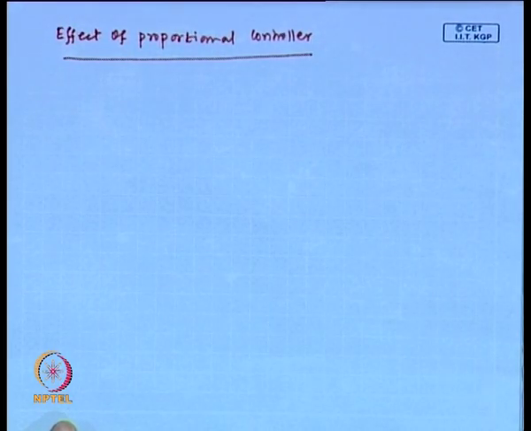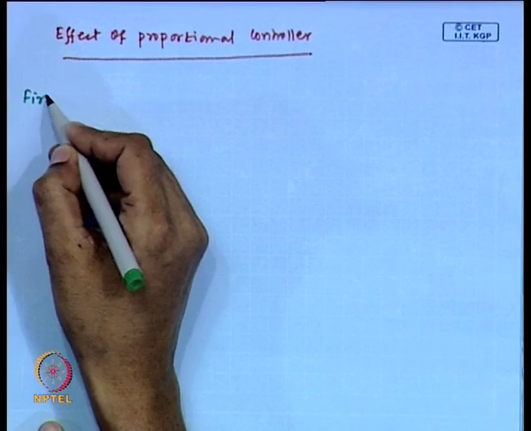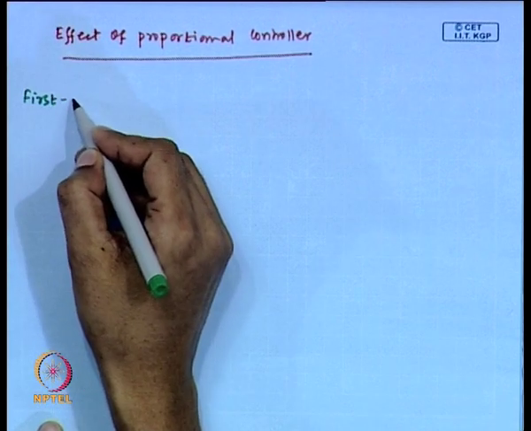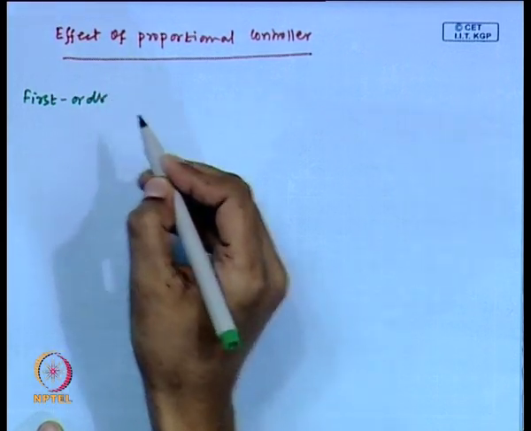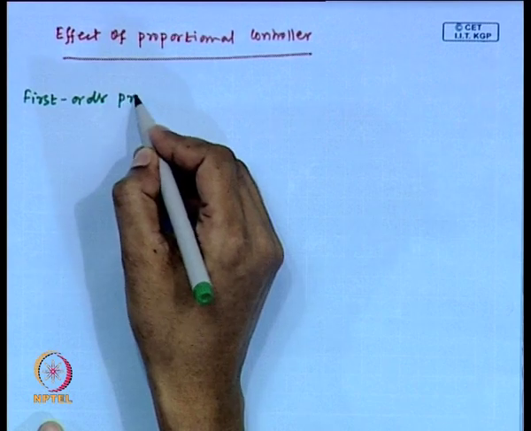Fine. And the effect of proportional controller we will observe first for the first order system and then for the second order system. So, initially we will discuss the effect of proportional controller for the first order process.